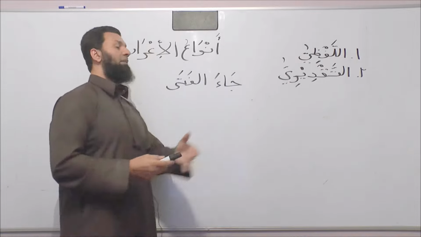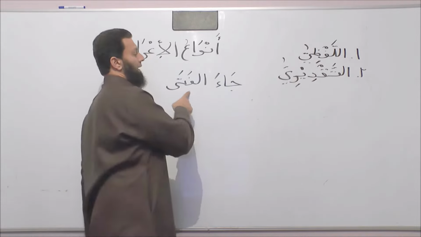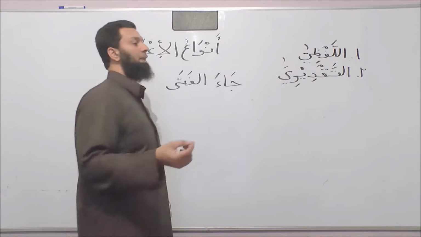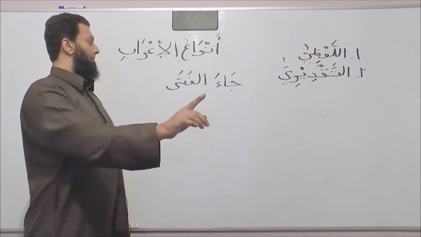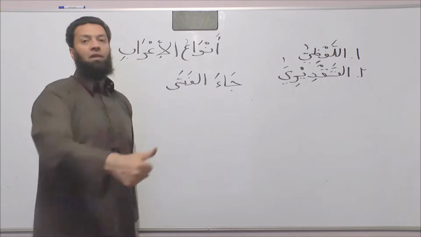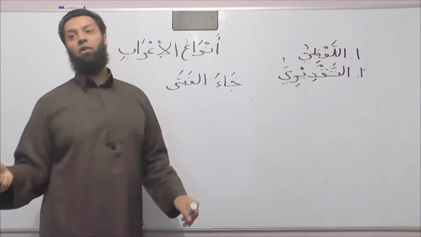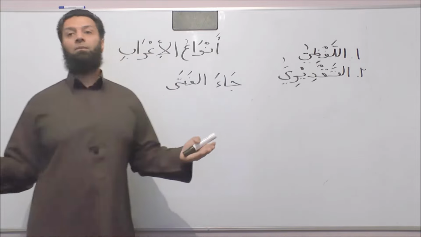Ja'a al-fata. What does ja'a al-fata mean? Well, we know ja'a means he came. Al-fata means the youth, right? Now, ja'a is a fi'lun madin mabniyun al-fathi. Because it's a fi'lun, we know this type of sentence is a jumlatul fi'liyatu.